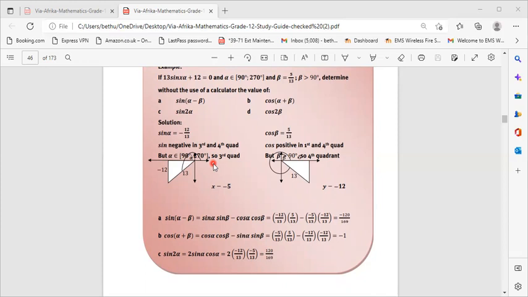Make sure that you've got 13 written as your hypotenuse and -12 written as your opposite side of alpha. Please use Pythagoras theorem to solve what our adjacent side is. Kindly do that for me.